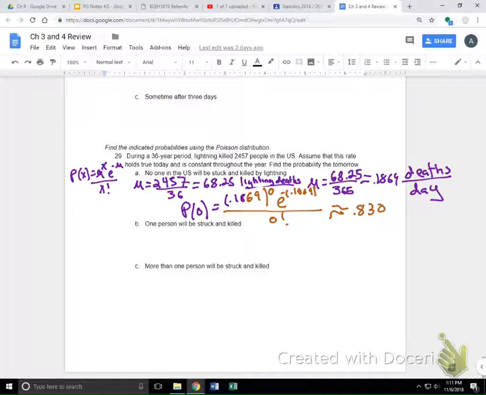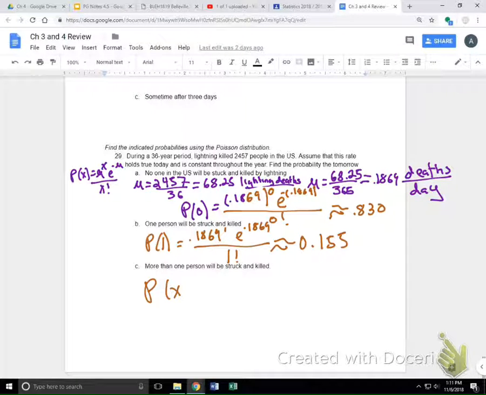And then down here, probability 1, 0.1869 to the 1, e to the negative 0.1869, all over 1 factorial. That's 0.155. And the probability that x is greater than 1 equals 1 minus the probability of 0 plus the probability of 1.